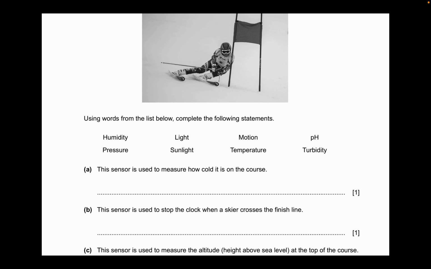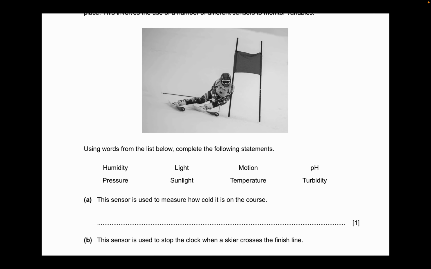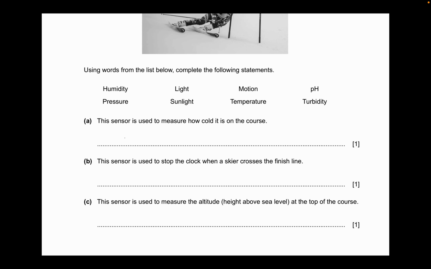This sensor is used to measure how cold it is on the course. So that'll be obvious. It's a temperature sensor. Temperature is used to measure heat and cold. Next, this sensor is used to stop the clock when a skier crosses the finish line.